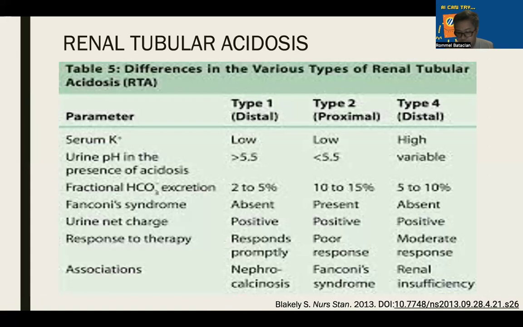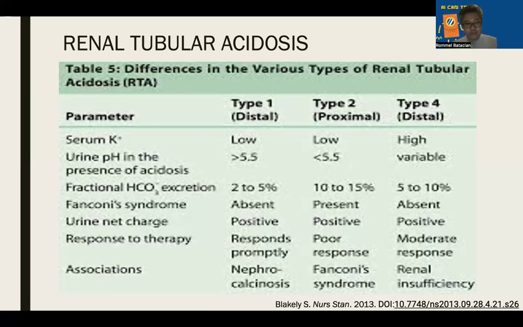Other findings could be explained by increased urinary calcium excretion or hypercalciuria. This could be associated with amphotericin B, lithium, obstructive uropathy, and sickle cell disease.